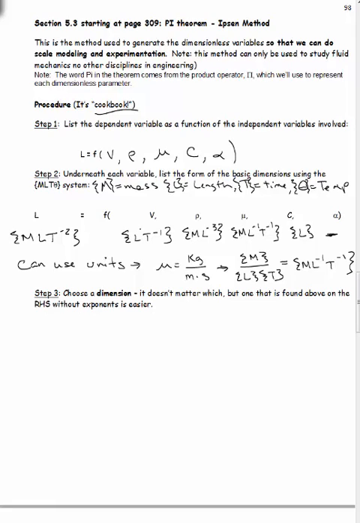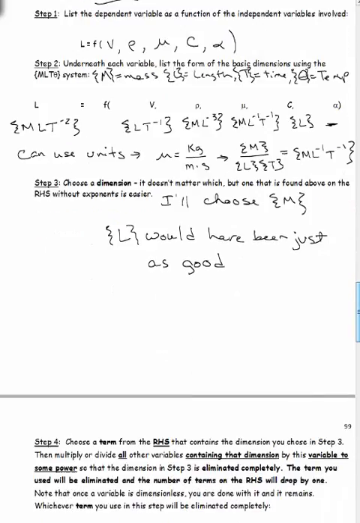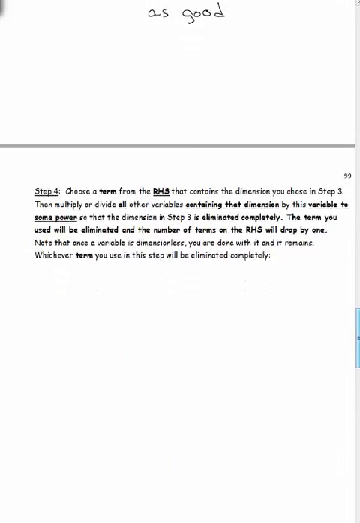So I'm going to choose M, but you could have very easily chosen L, and you could have chosen T as well. So I'll choose M, and I'll just write L would have been just as good. And that is the dimension L, not lift. Okay, step 4.